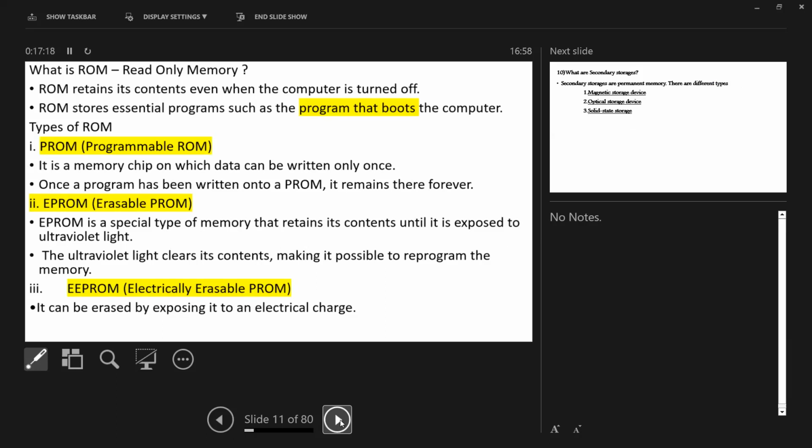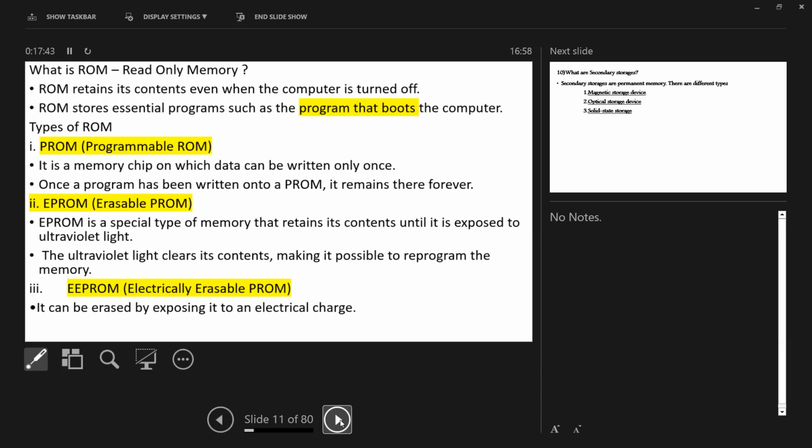It retains its content when the computer is turned off. When the computer is switched off and next day you switch it on, the data remains. The manufacturer information and the boot up program are available in the ROM chips. ROM stores essential programs such as the program that boots the computer.